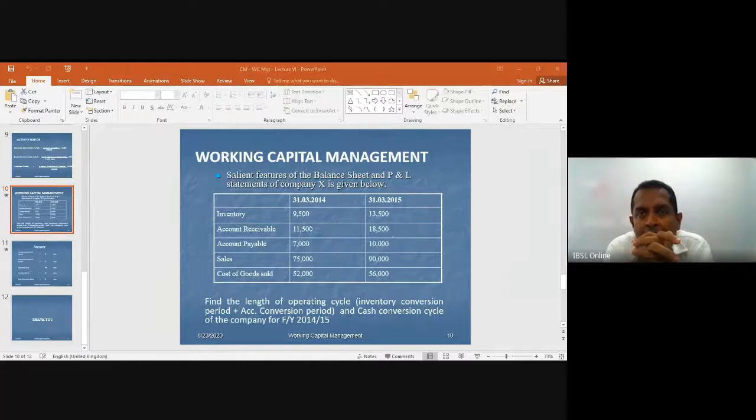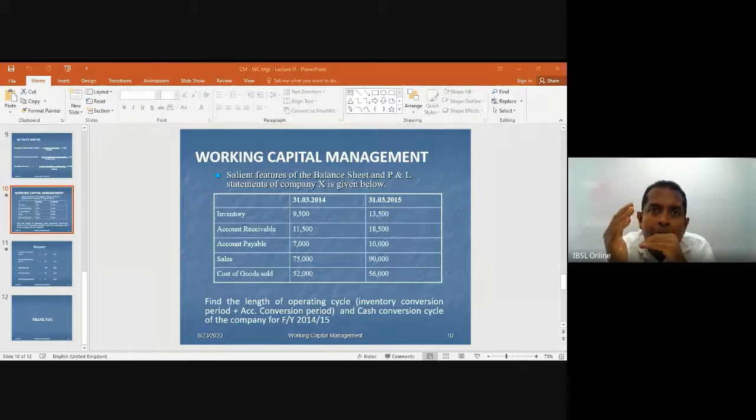Then we have a term called margin of safety. That is the amount by which the revenue exceeds the break-even point. When you are talking about revenue or sales, we talk about actual sales and projected sales. It can be projected or it can be actual.